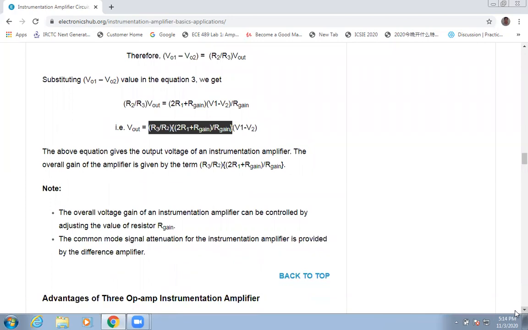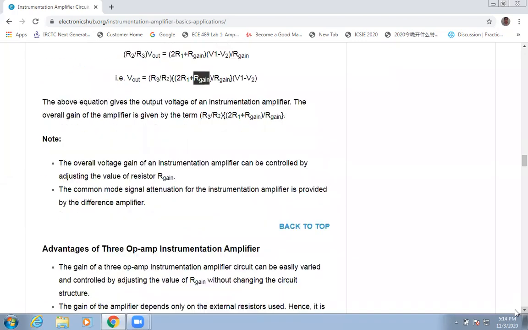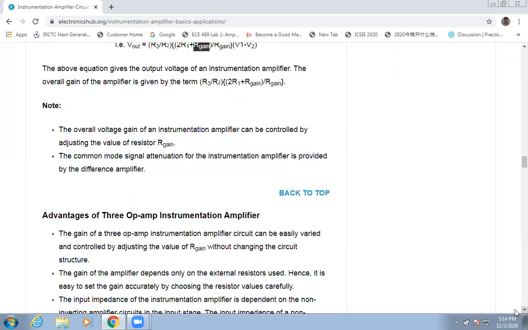The point that must be noted is that the overall gain of an instrumentation amplifier is controlled or adjusted by R gain, from this equation. The common mode signal attenuation for the instrumentation amplifier is provided by the difference amplifier, which is the output stage of the instrumentation amplifier.